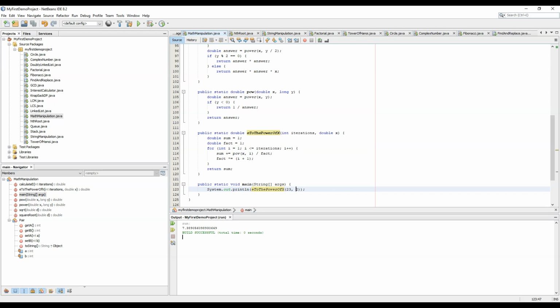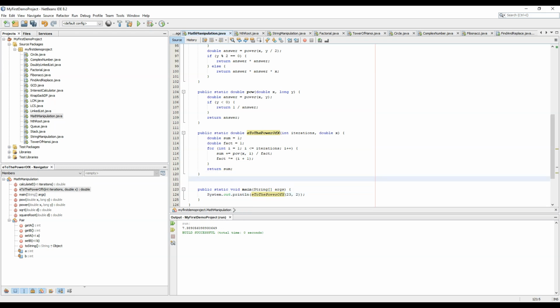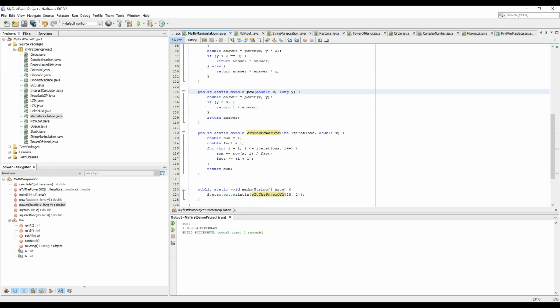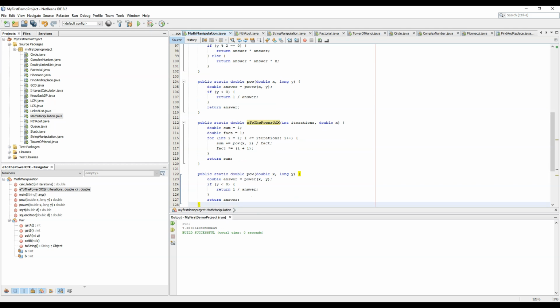Now we will use this to calculate a to the power b, or x to the power y, using the formula x to the power y is equal to e to the power y ln of x. Here ln of x is calculated internally by the computer. So let's create the function for power of the fractional number now. Let's copy this function as it is for the signature, and we just convert this into double y.